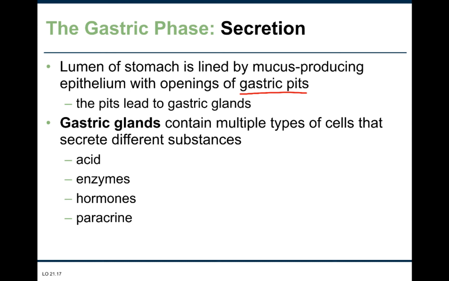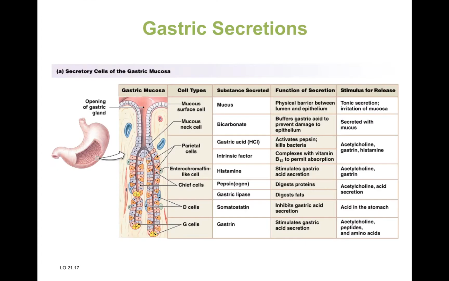Okay, and there's multiple cell types that all secrete different substances, and they're going to secrete acid, various enzymes, potentially hormones, and definitely paracrines. Okay, and we're going to go over that. So this is just kind of a brief introduction, but the stomach has a lot of secretory processes that occur.